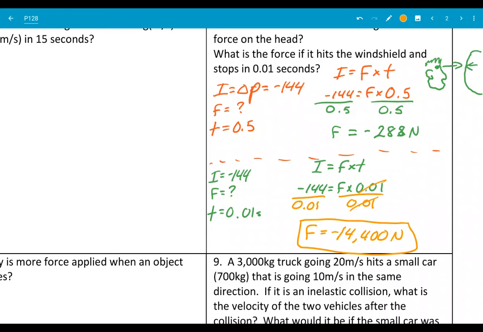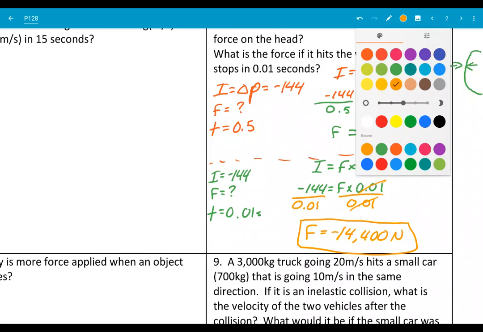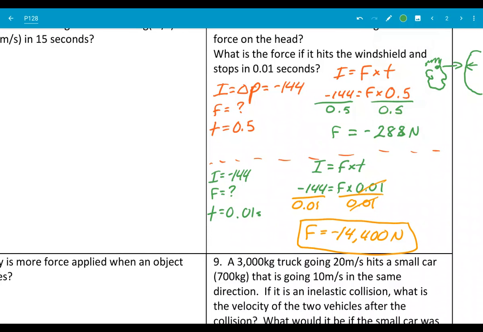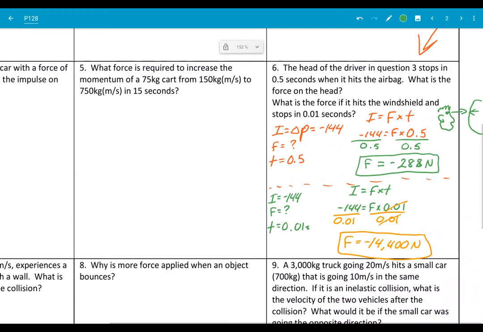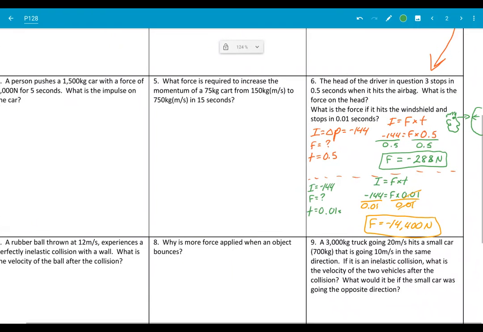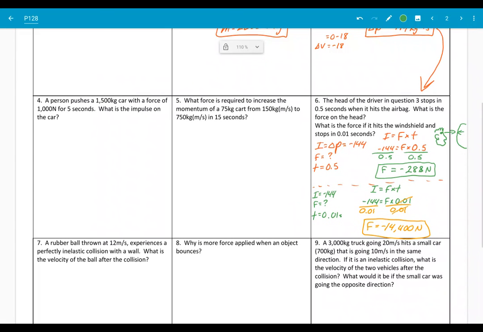Now, this orange one is the force if you hit the windshield, 14,400 newtons. And the green one is the force if you hit the airbag. So clearly a much bigger force if you are striking something solid like the windshield. All right. There's another good reason to wear a seatbelt.